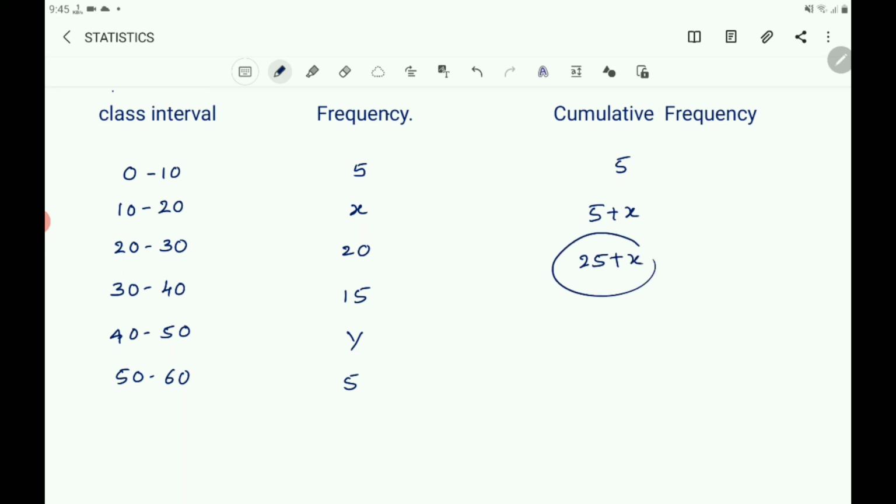Then 25 plus x plus 15, that is the frequency up to 40. The cumulative frequency becomes 25 plus 15, that is 40, plus x. Then 40 plus x plus y. Then 40 plus x plus y plus 5, you will get 45 plus x plus y.